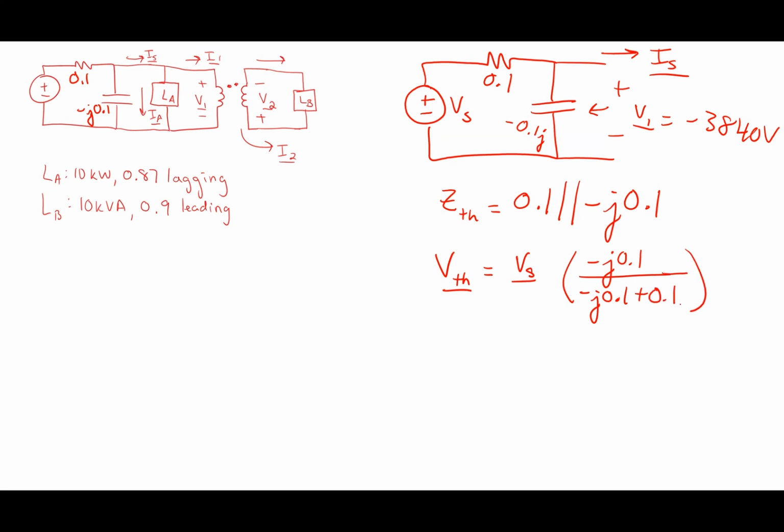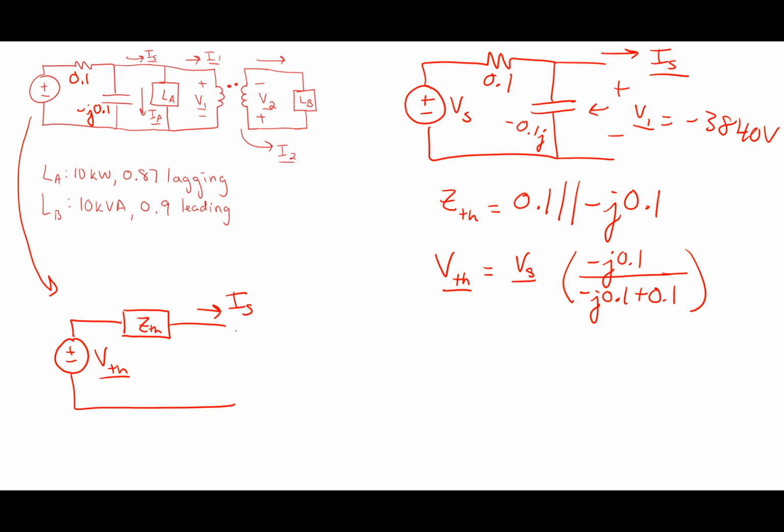That's V Thevenin. So what I'm saying is I could take this whole network up here and think of it as V Thevenin and Z Thevenin, and I sub S is right there, and V1 is right here.